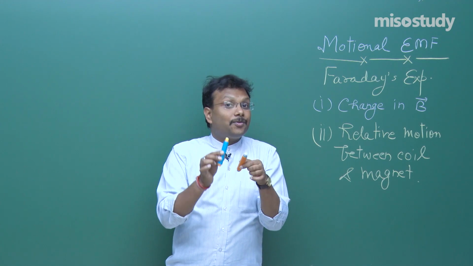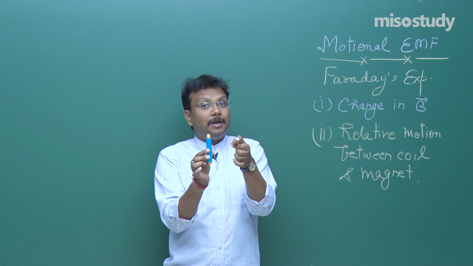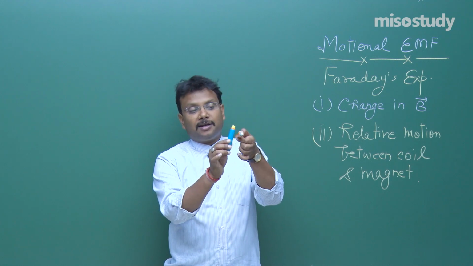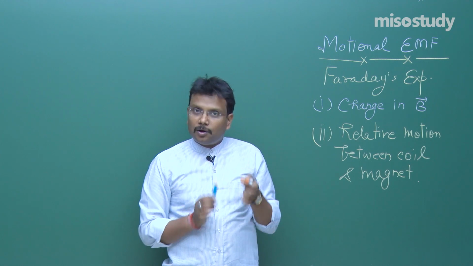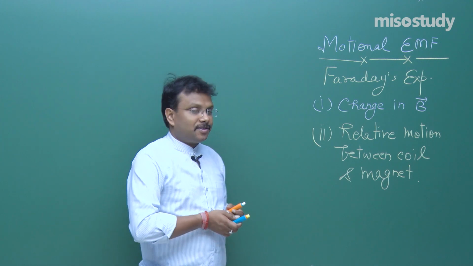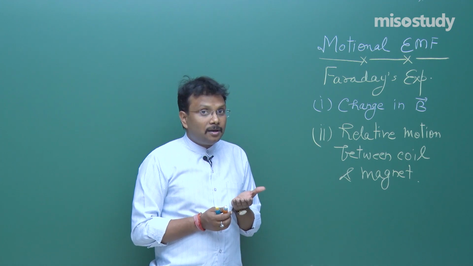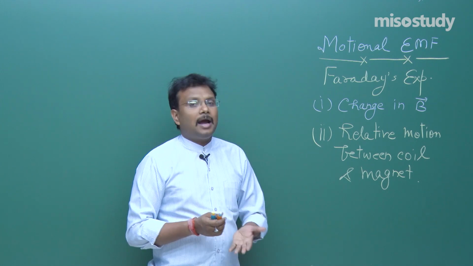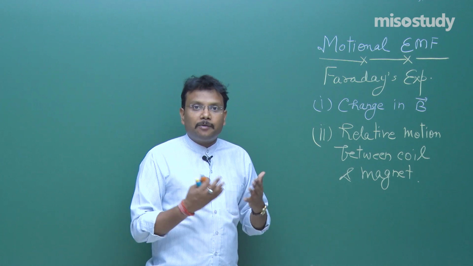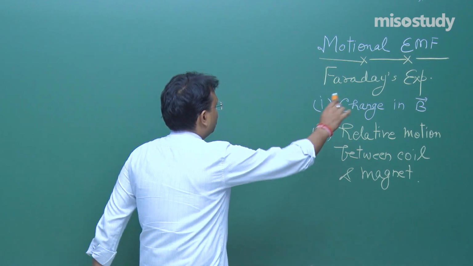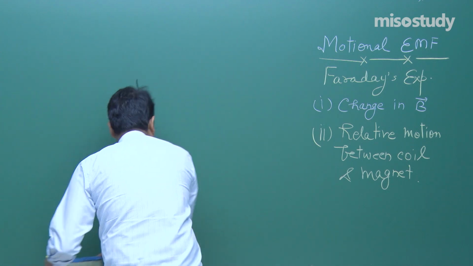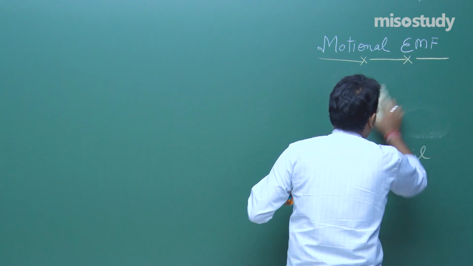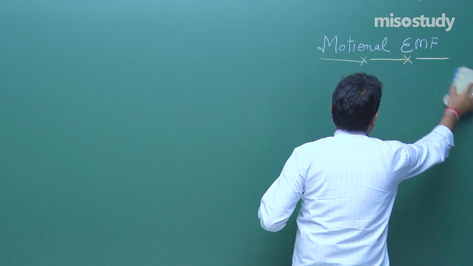Due to the cutting of the magnetic field lines, some induced EMF will come into the picture at the ends of this metallic rod. So the idea of motional EMF is this way: a conductor is moving, magnetic field is present, magnetic field lines it is cutting, and what is happening then we want to discuss. This is the basic concept associated with Faraday's laws, and the entire story comes out from this particular experiment only.